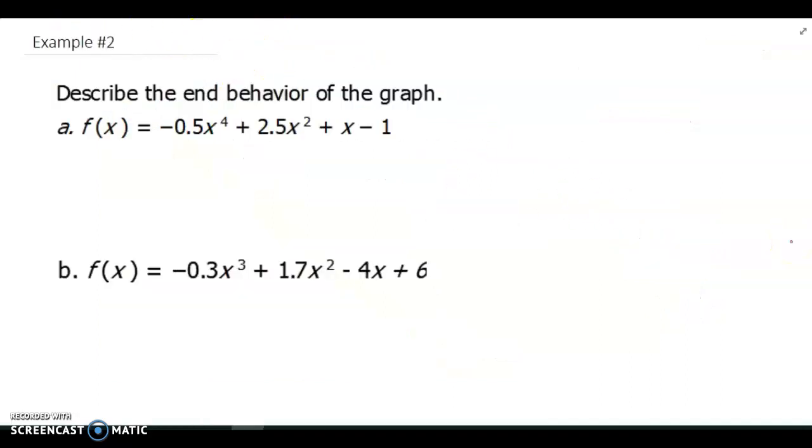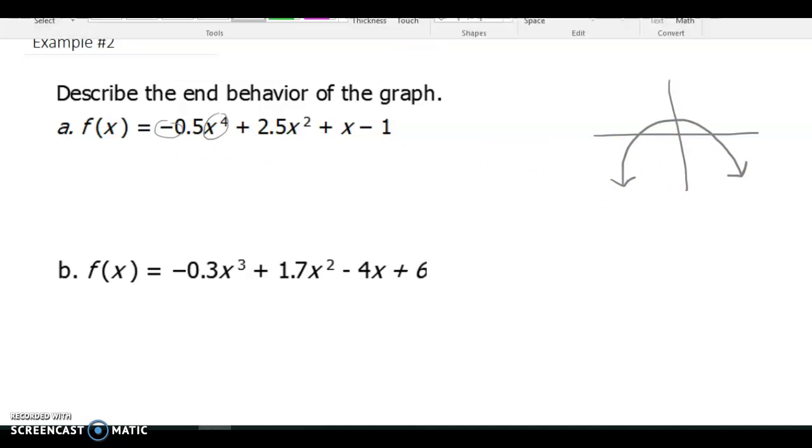All right, so when we say describe the end behavior, we want to know if we blow this graph up all the way to infinity, all the way around, what's happening. So when I first look at this, I'm just going to sketch it, not to scale by any means. I know we have an even degree and a negative coefficient, so I know my graph is going to look something like this.